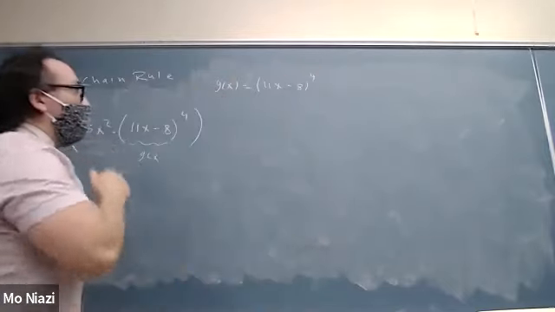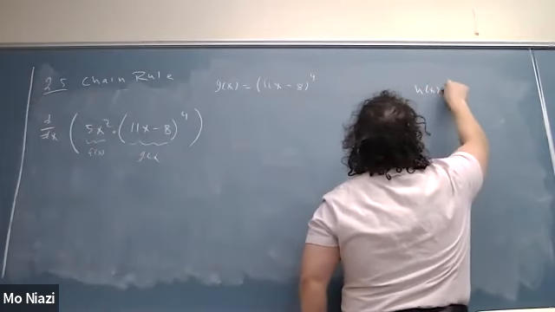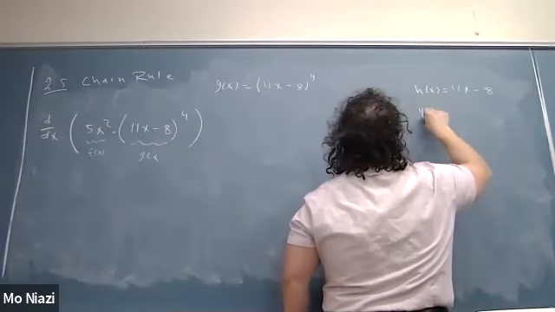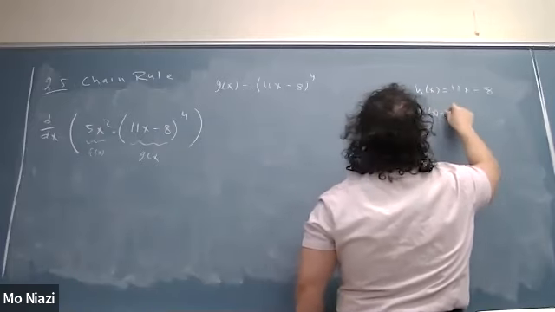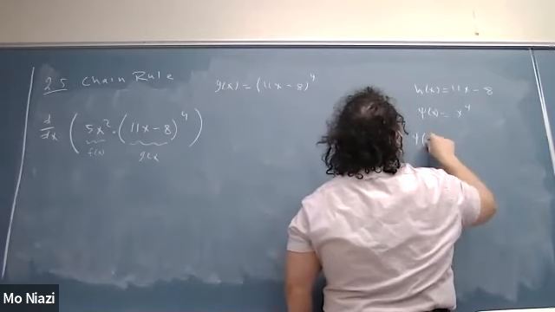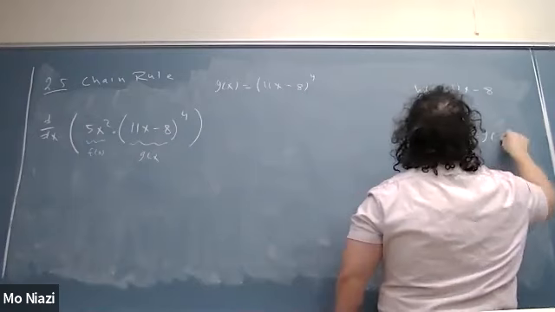But g of x is a composition of 2 functions. If h of x is 11x minus 8, and let's say psi of x is equal to x to the 4th, then psi of h of x is equal to g of x.